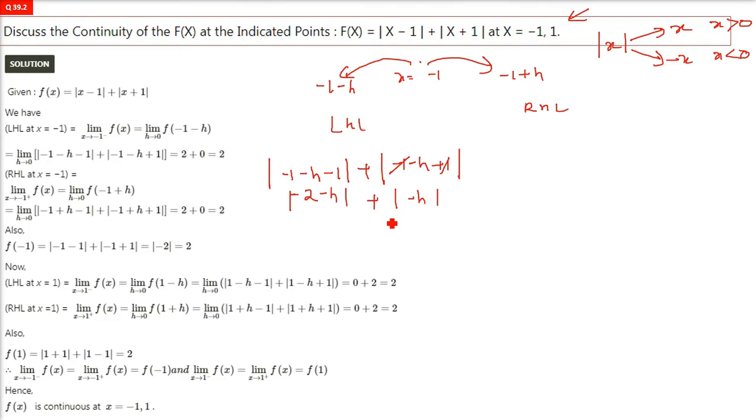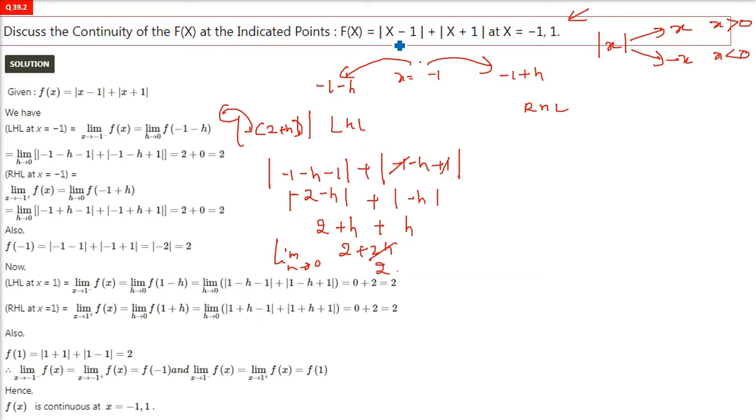Negative h will be positive h when it comes out of the modulus sign. You can write -2 minus h as -(2 plus h), and inside the modulus the positive sign will come out. So it will be 2 plus h, that is 2 plus 2h. But when you apply the limit h tends to 0, this is going to be 0, so only 2 will come. The left hand limit is 2.